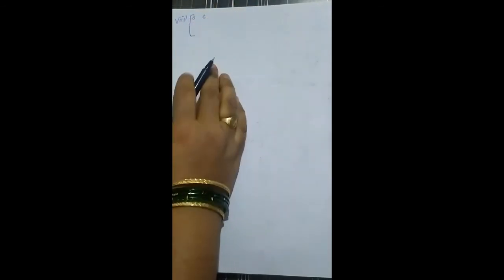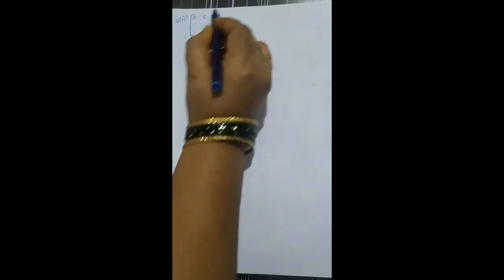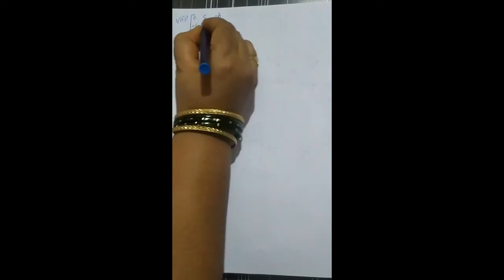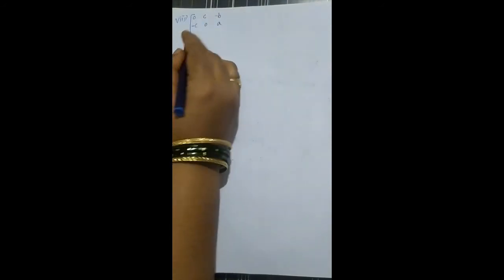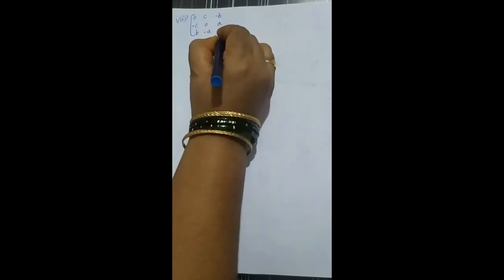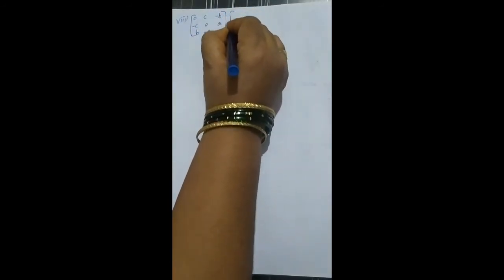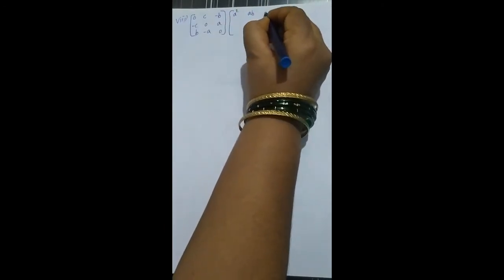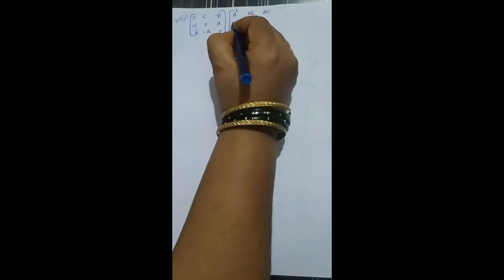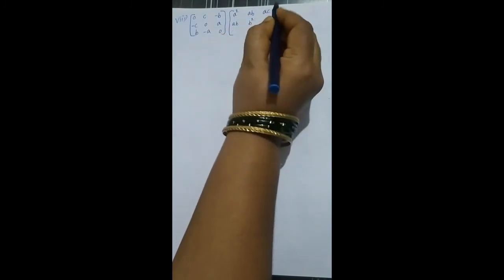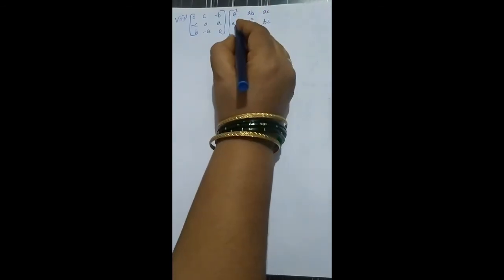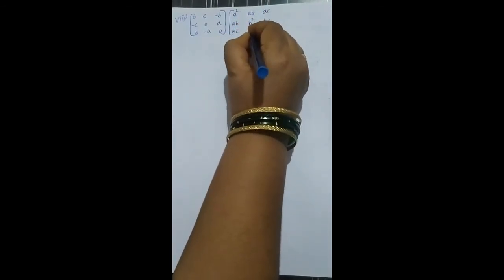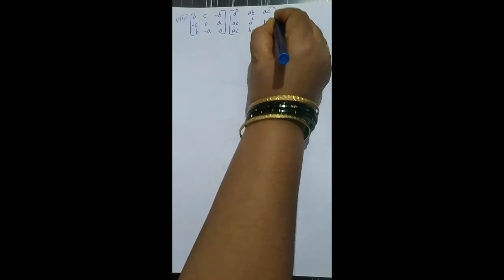The first matrix is 0 C minus B, minus C 0 A, B minus A 0, and the second matrix is A square AB AC, AB B square BC, AC BC C square.